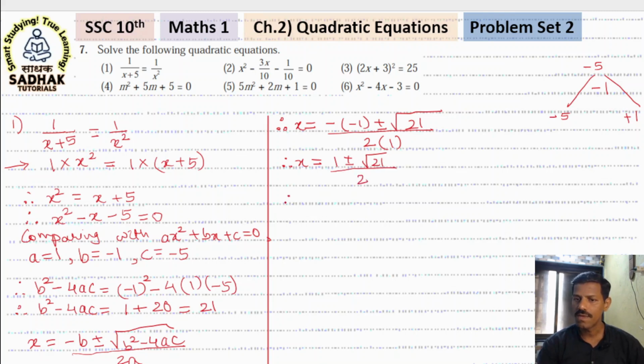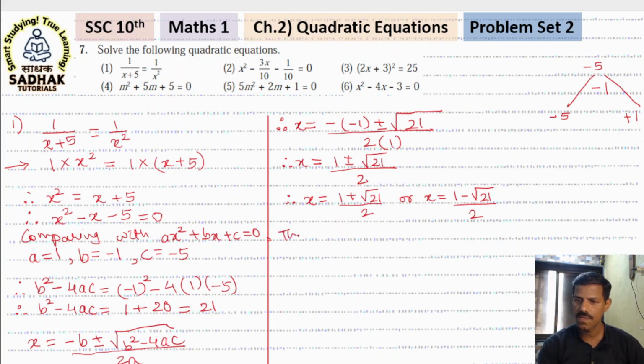Now can we simplify this further? No, not possible, so we will write it as it is. Now we will split the terms. Therefore x will be equal to 1 plus under root 21 divided by 2, or x will be equal to 1 minus under root 21 divided by 2. That should be our final answer because we cannot simplify this further.